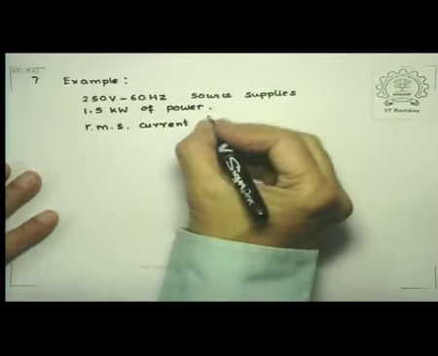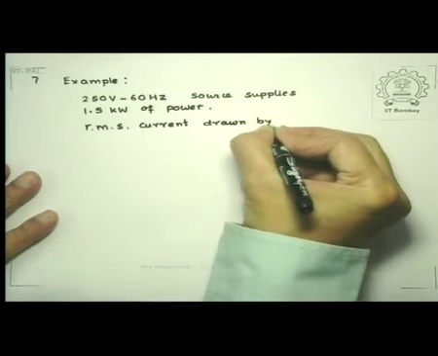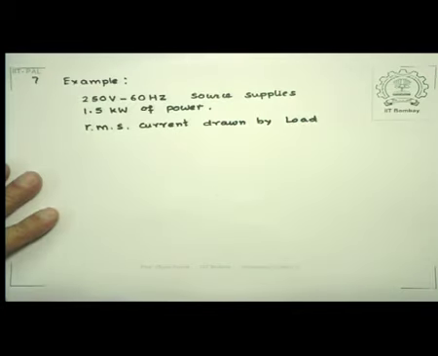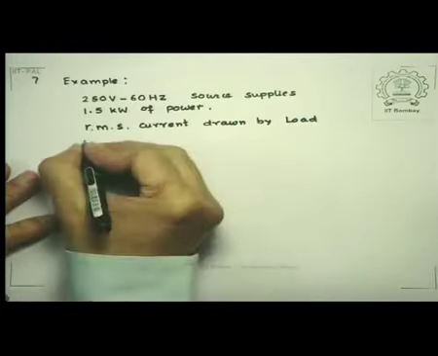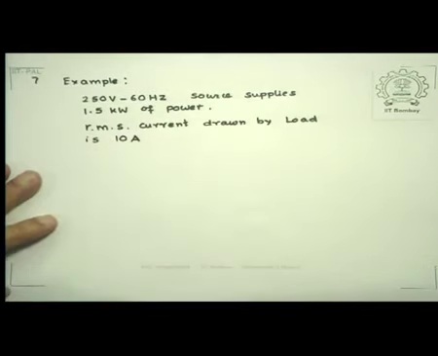So the RMS current drawn by the load, as observed by the reading of an ammeter, is found to be 10 amperes. These are data given. So let me calculate a few things.